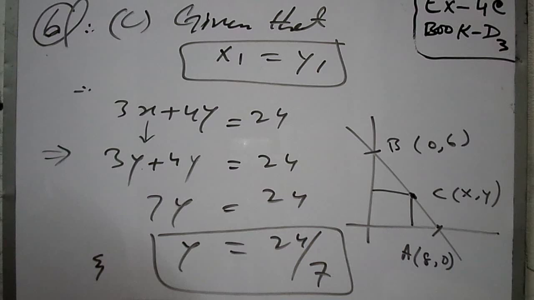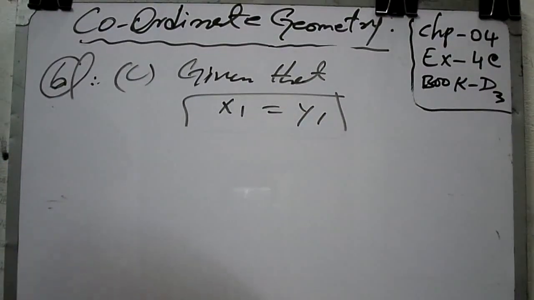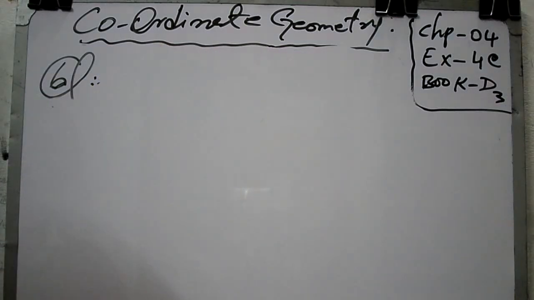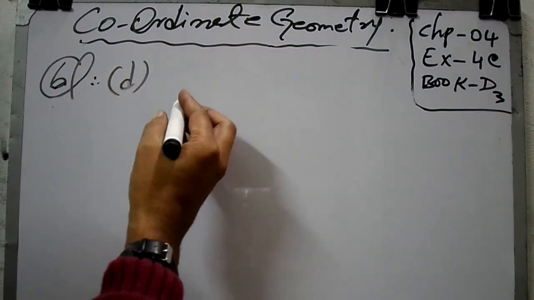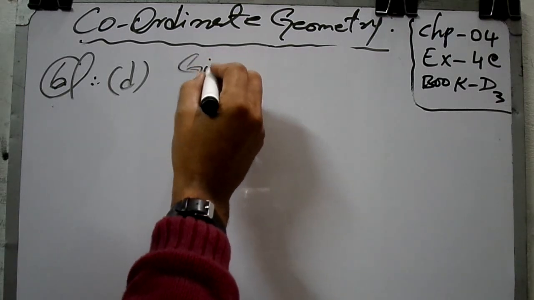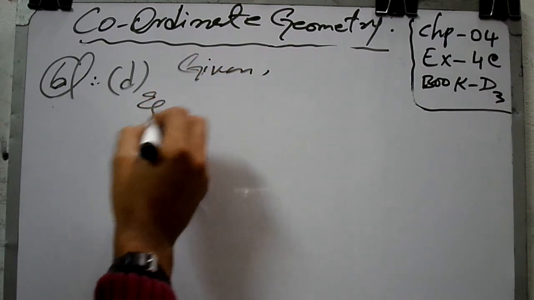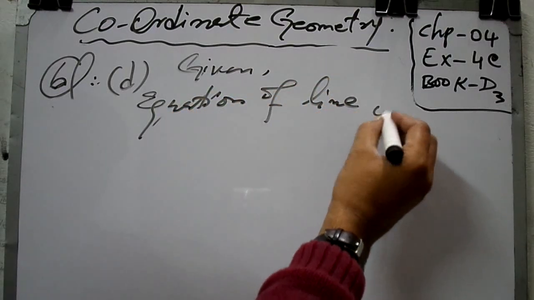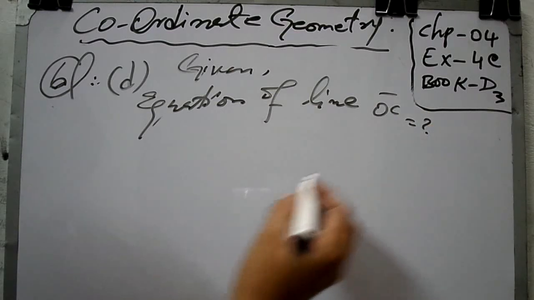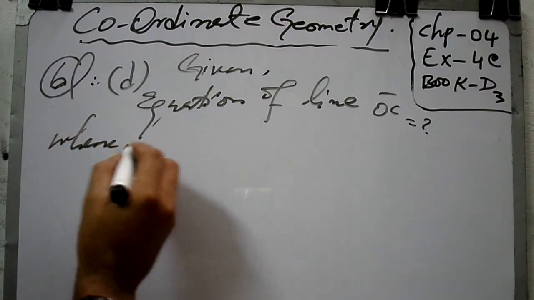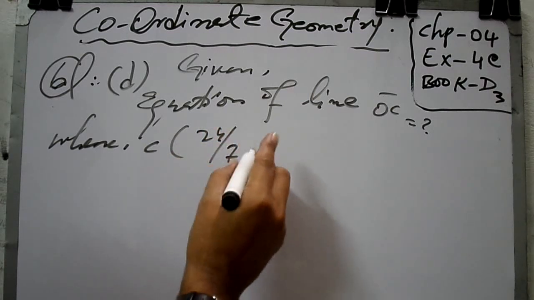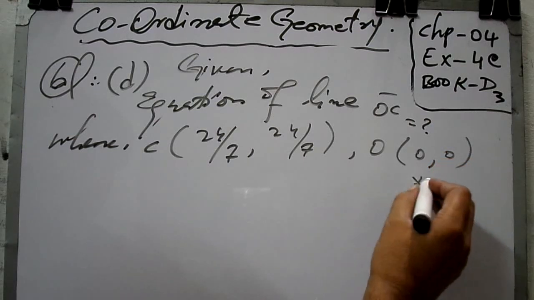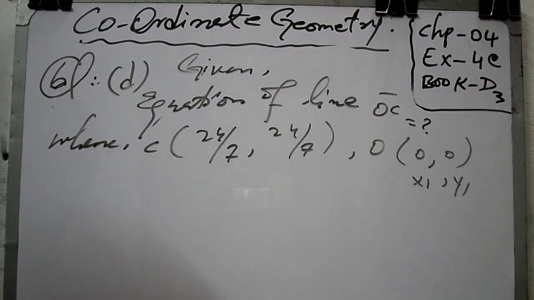So the D part. You can see the same question has a D part also. Given the equation of line OC, we have to find it, where the value of C is 24 by 7 and O is the origin, that is x1, y1.